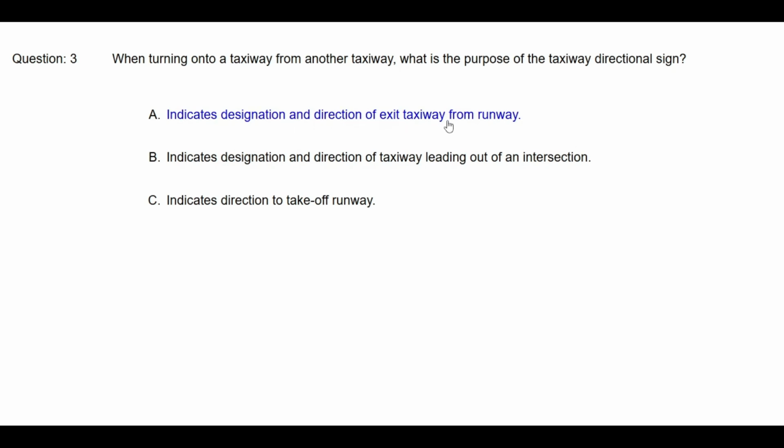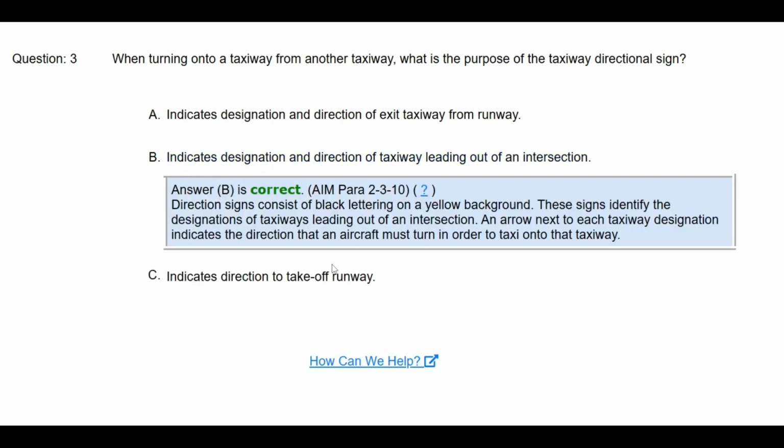Designation for exit taxiway from a runway. The question has no word for a one-way, so it will not be A. Indicate designation and direction where the taxiway is linked to an intersection, yes, that is what it's asking for. Let's go to C. Indicate direction for a taxi off or a takeoff runway. No, the answer would be B. That's the only one that matches the question.